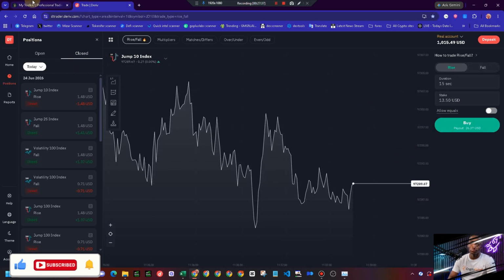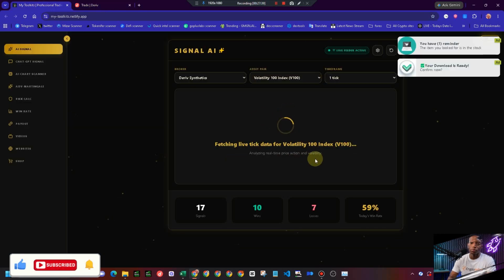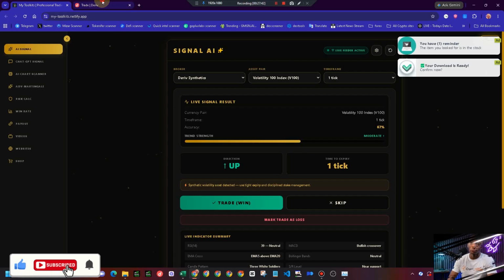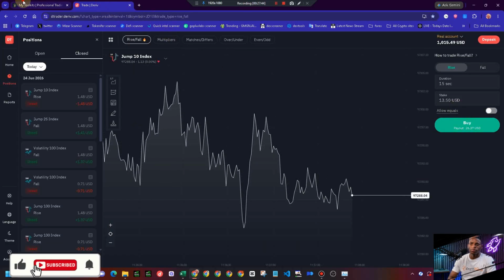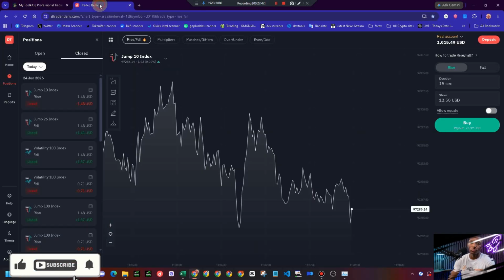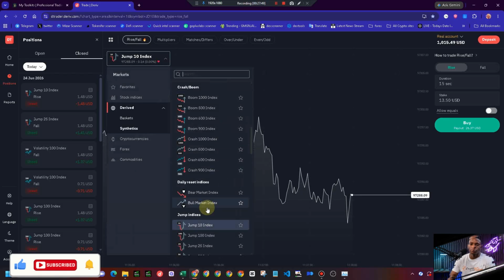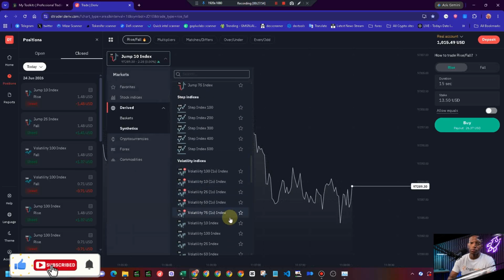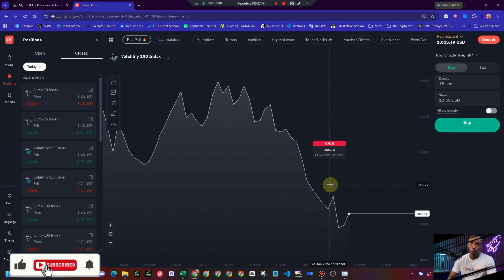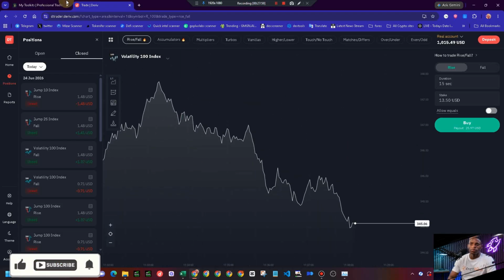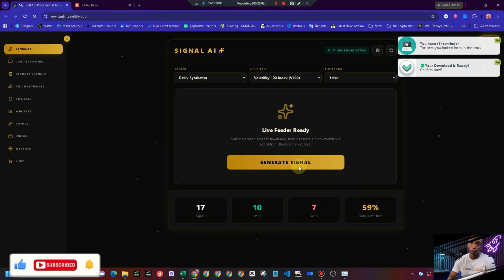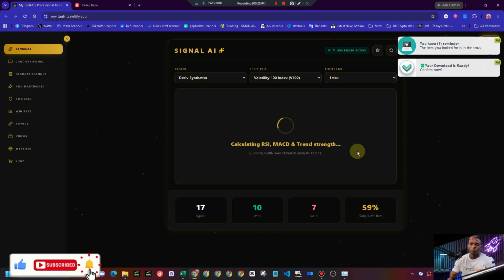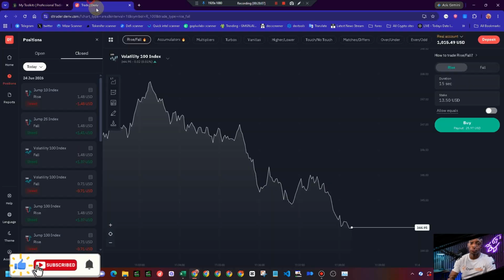So we generate up. Okay, Volatility 100. I'm supposed to enter Volatility 100. So we'll skip and generate again. We still have up.